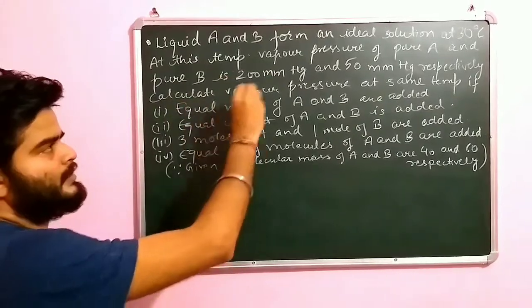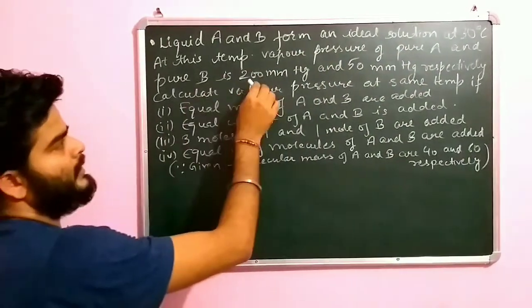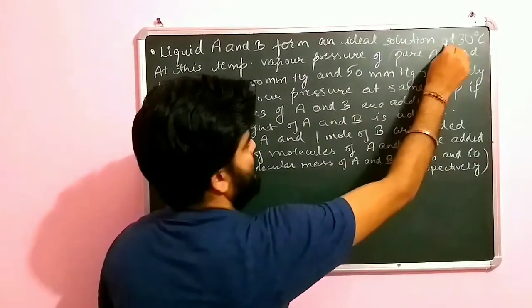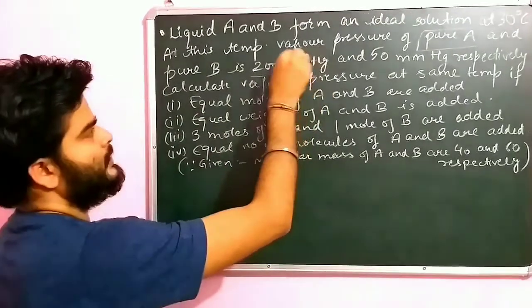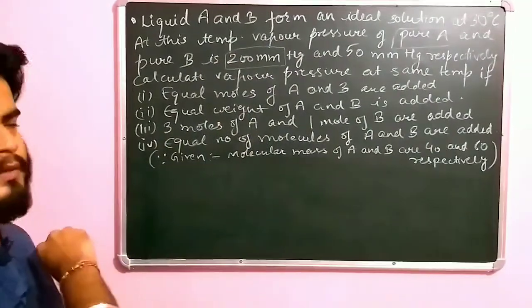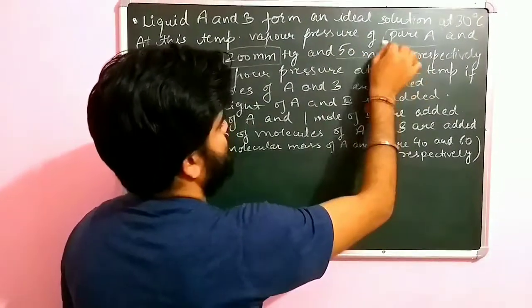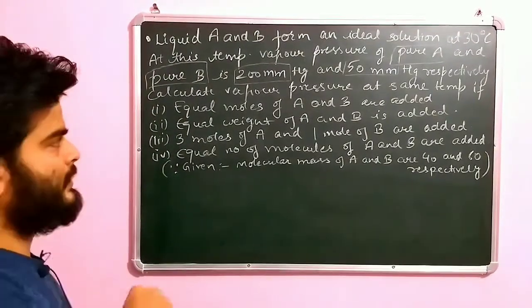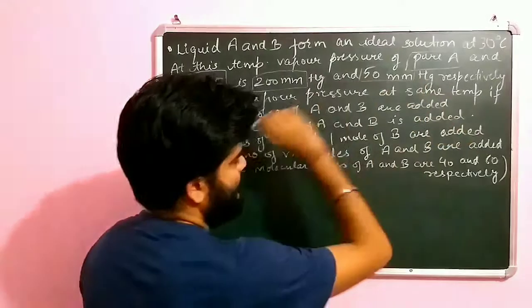At this temperature, vapor pressure of pure A and pure B is this and this respectively. It means in pure state, A has vapor pressure of 200 millimeter of mercury and pure B has 50 mm respectively. We have to calculate the vapor pressure at same temperature.